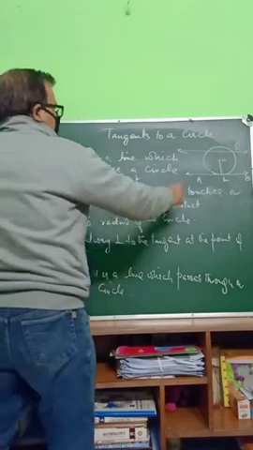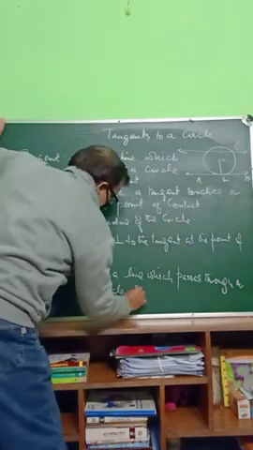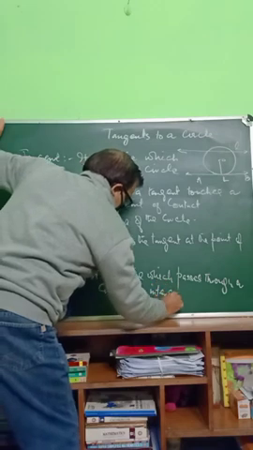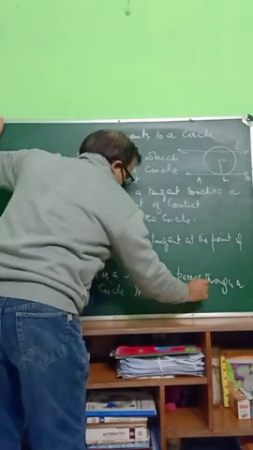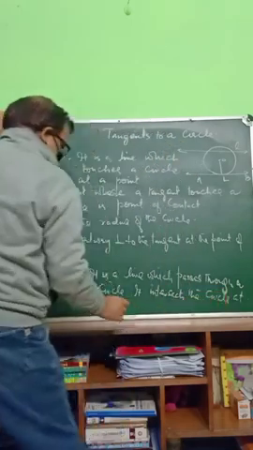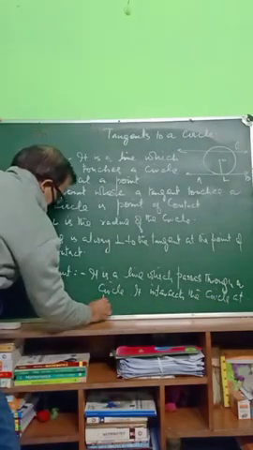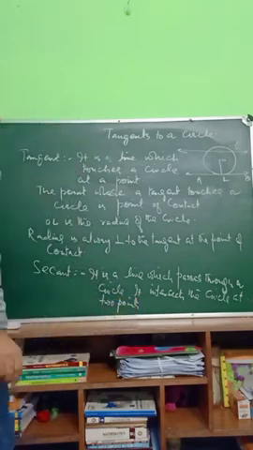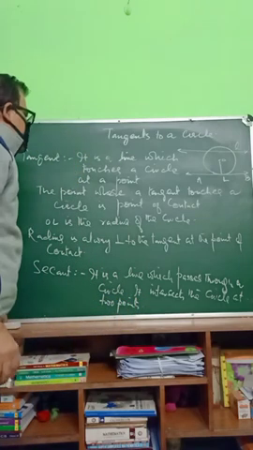It cuts the circle at 2 points. It intersects the circle at 2 points. So this is what we should know.